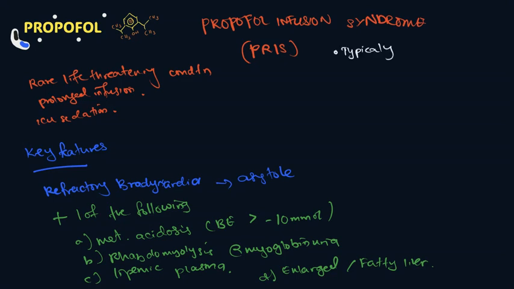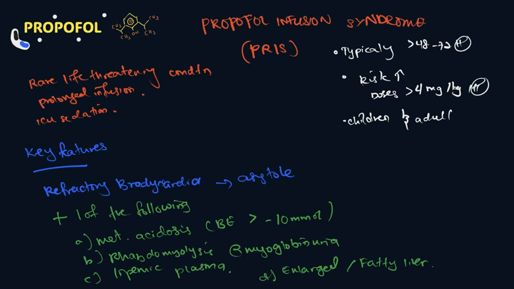Typically, its presentation occurs after an infusion has been going on for more than 48 to 72 hours. Risk increases after doses of more than 4 mg per kilogram per hour, and is seen in children as well as adults. How does this come about?